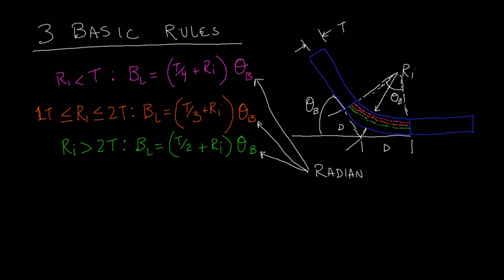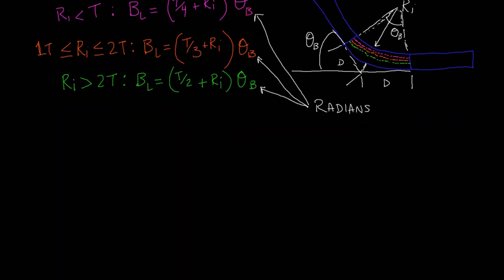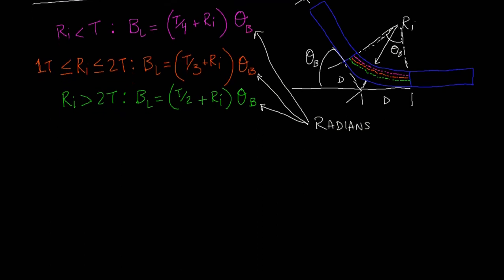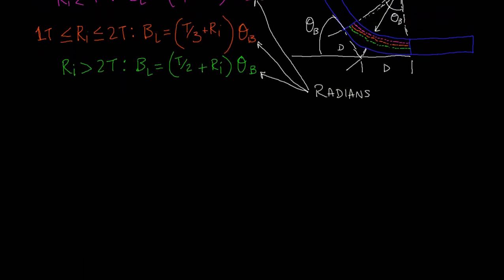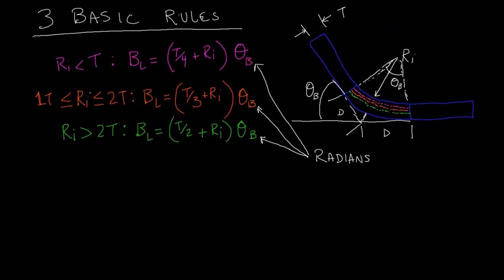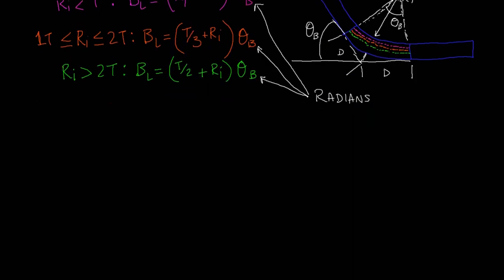You might not be comfortable working in radians, but if you understand the unit circle, you feel more comfortable working with it. So I'm just going to take the rest of the video to go over conversion of radians to degrees. If you're comfortable with that, you can pause the video here, but if you want a refresher or you're uncertain, keep tuned in.